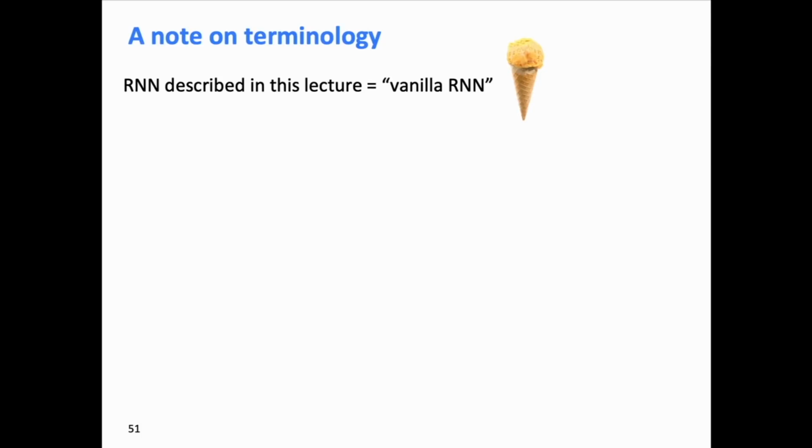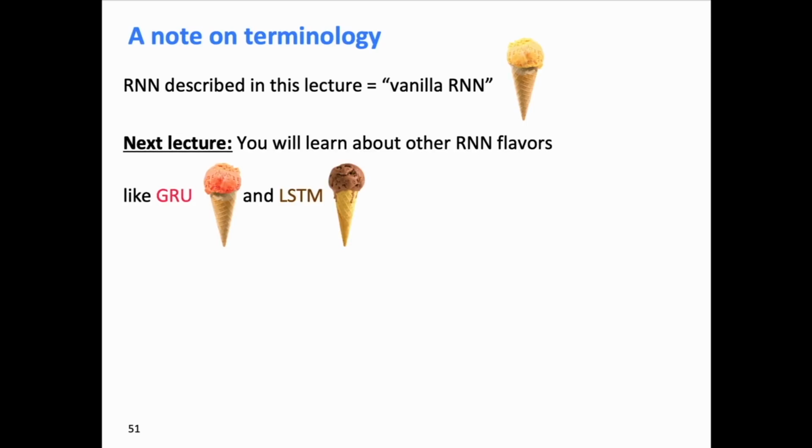OK. Before we finish, I have a note on terminology. When you're reading papers, you might often find the phrase vanilla RNN. When you see the phrase vanilla RNN, that usually means the RNNs that are described in this lecture. The reason they are called vanilla RNNs is because there are actually other, more complex flavors of RNN. For example, there's GRU and LSTM, and we're going to learn about both of those next week.